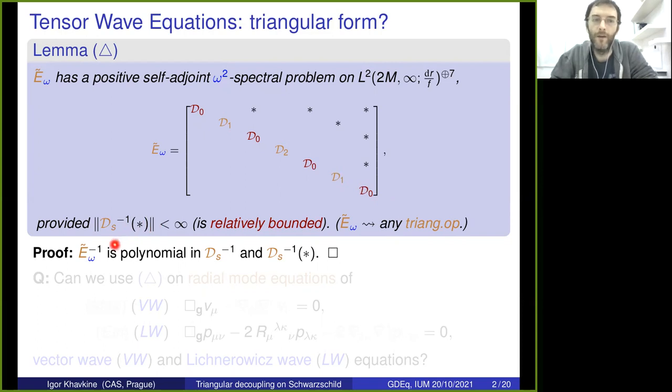Okay, so how do we prove this? Well, basically we need to compute the resolvent. So take the inverse of this and notice how it depends on the spectral parameter omega or omega squared.